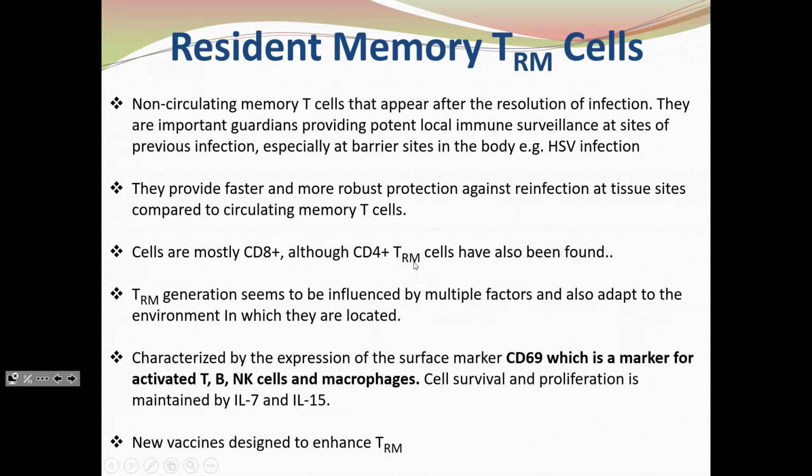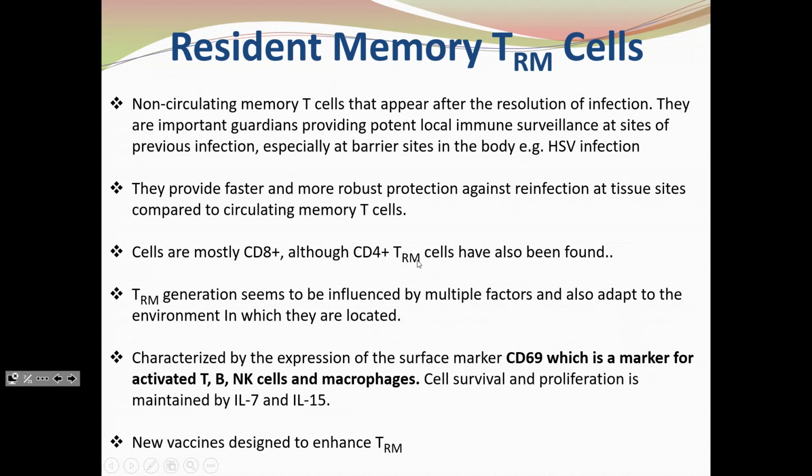Then the third component of this layer are these resident memory T cells, which are still a relatively new discovery. But it's now recognized that the majority of T cells in the body are actually composed of these resident memory T cells. And they are scattered throughout the skin and mucosal tissue.